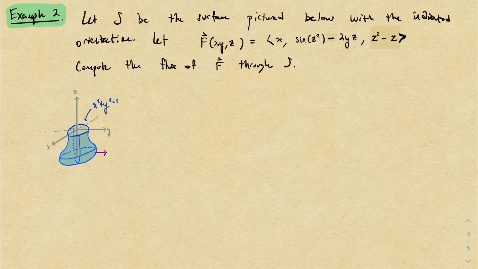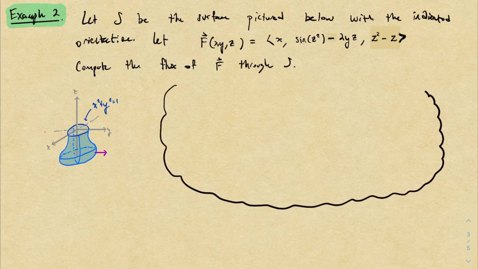The main idea here is something called surface independence. This is a complete analog to path independence that we talked about when we discussed conservative vector fields. This is the same concept, just up a dimension. So what do I mean by this?